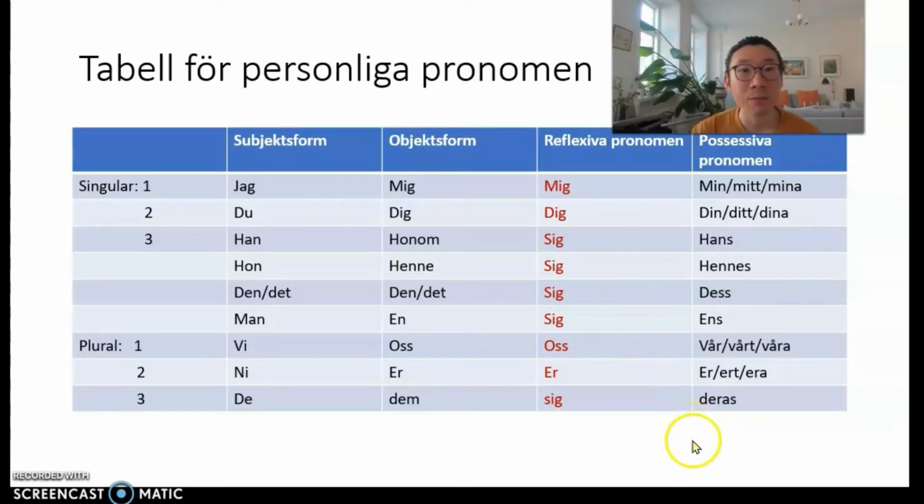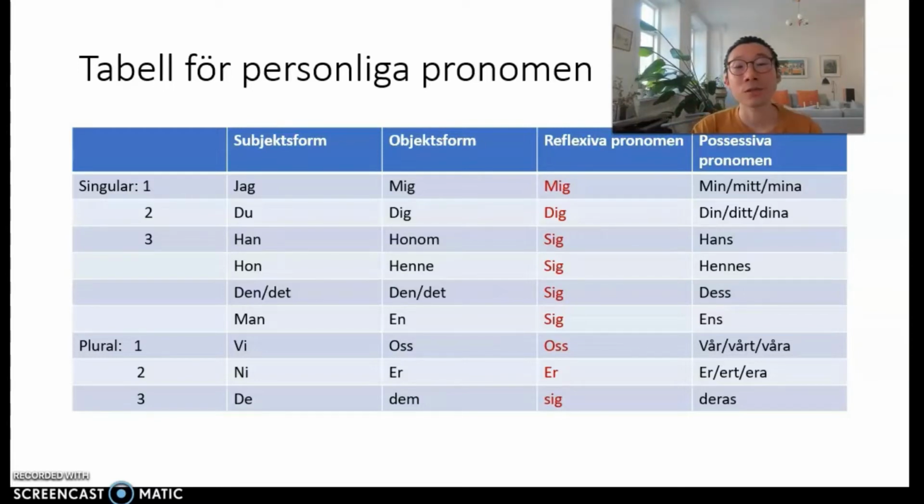Du använder bara reflexiva pronomen med vissa verb. So you only use reflexive pronoun together with certain verbs. So it's not something optional. It always goes with certain verbs. So you should probably remember which verbs usually require reflexive pronouns.